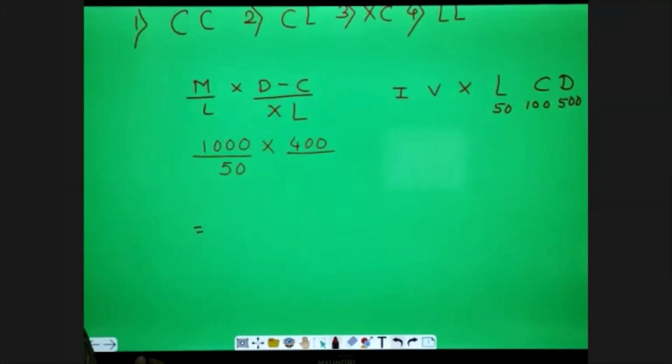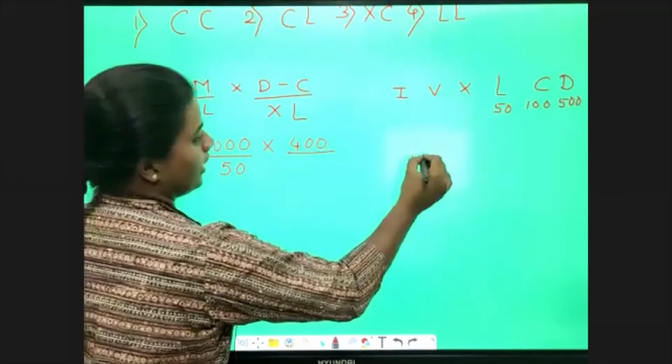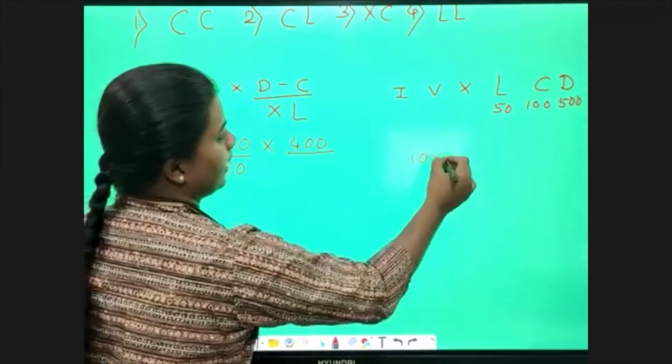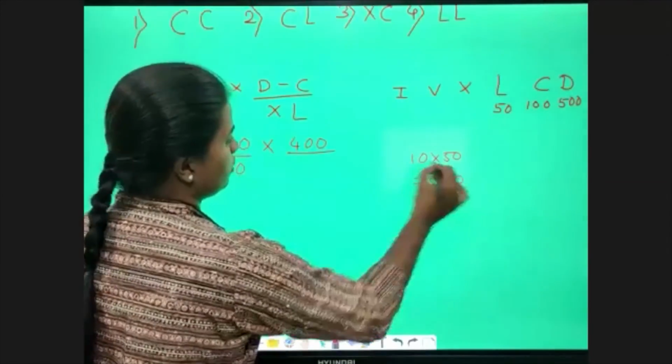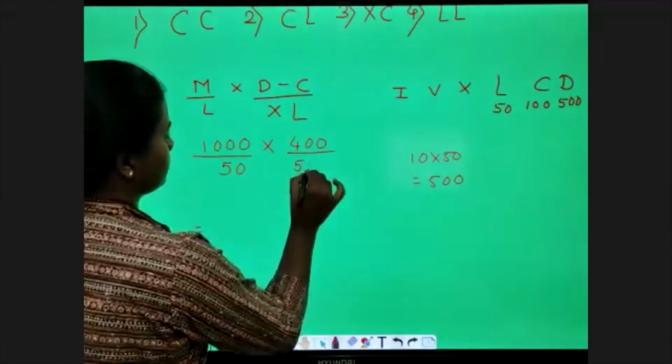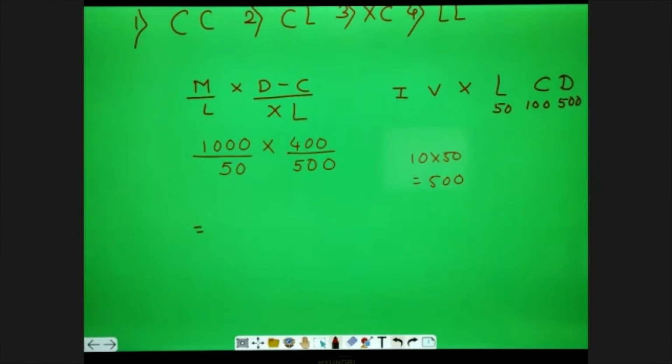XL. X is 10. Multiplied by L, which is 50. So it will be 500. Okay. Yes. Now is it right? Yes. Okay.